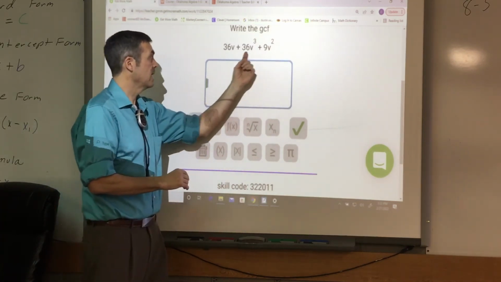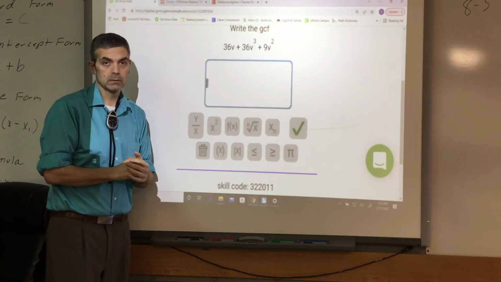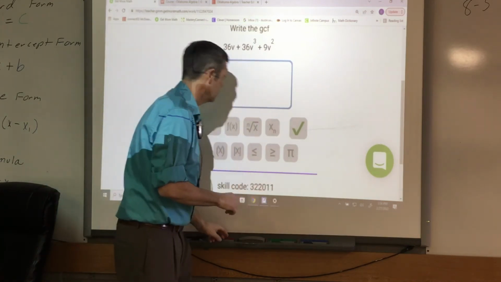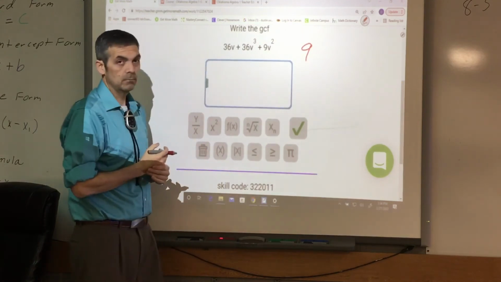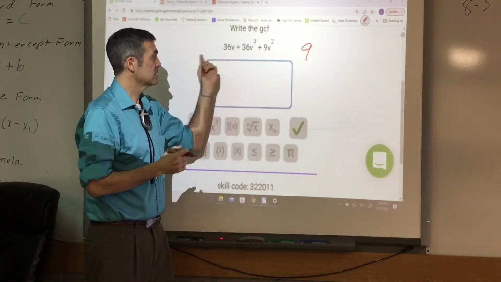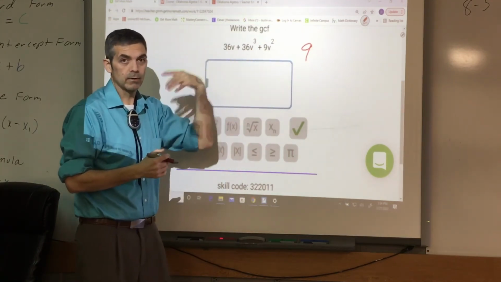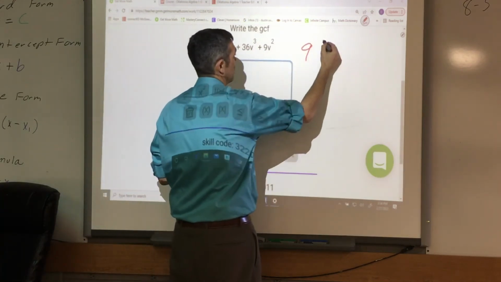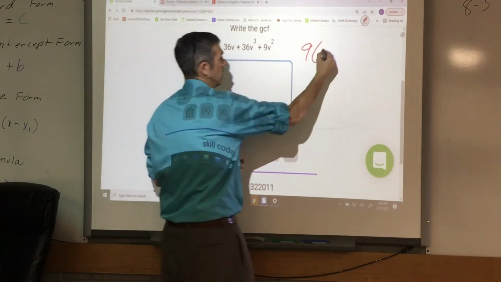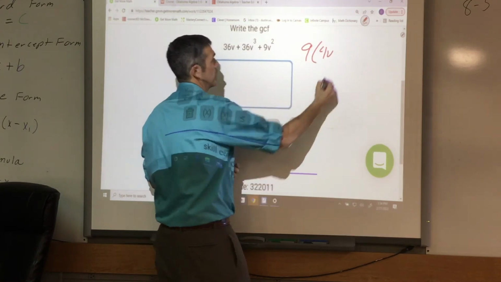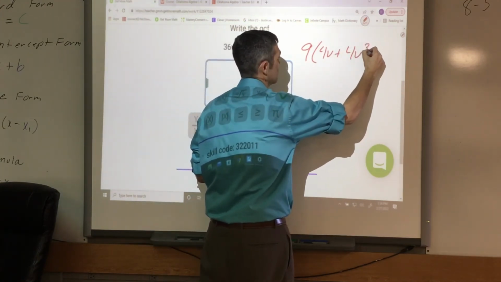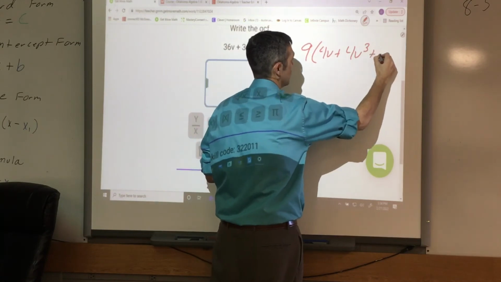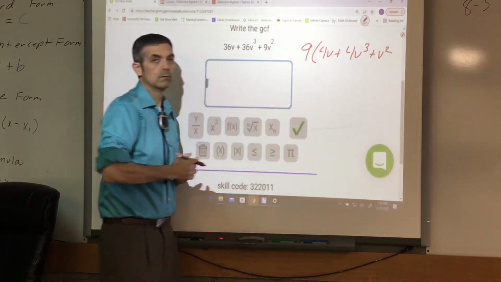So I can pull a 9 out of each one of these. That's all I'm looking for. What can I divide all this stuff by to get out of there? So I pulled 9 out. That gets me 4v plus 4v to the third plus v to the second.